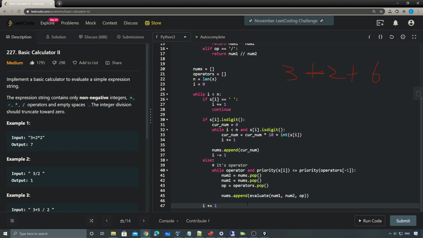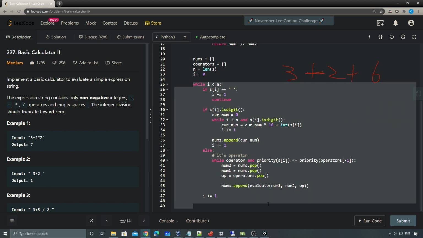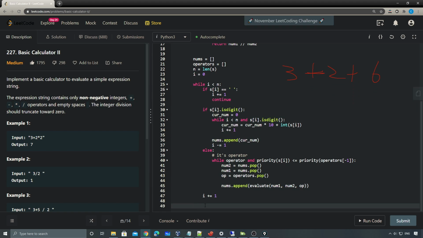And then in the end, after this while loop, what might end up in nums and operators?